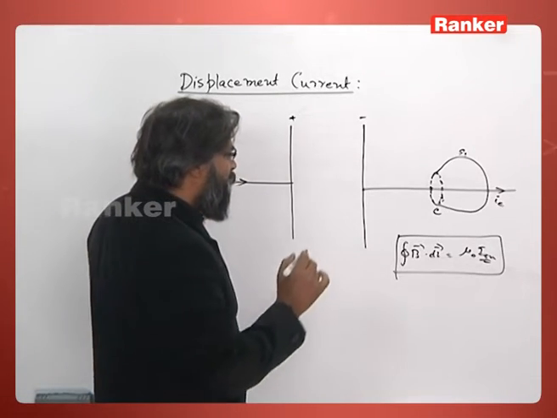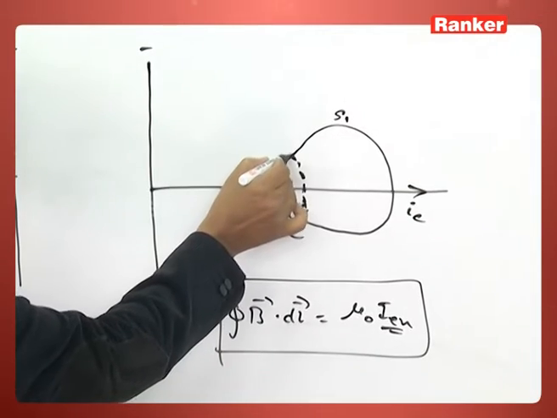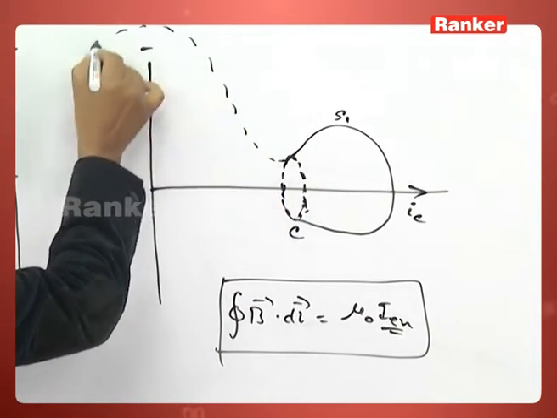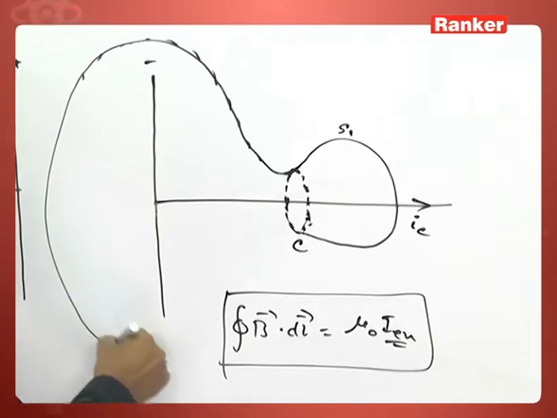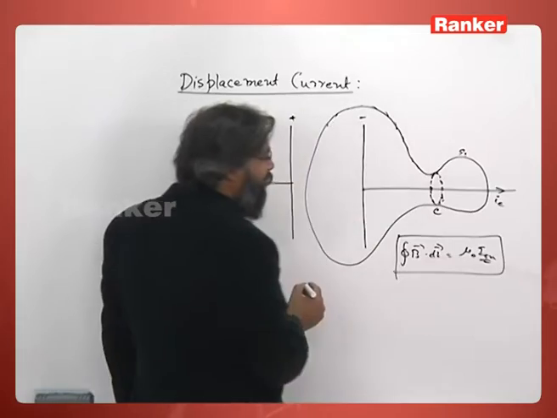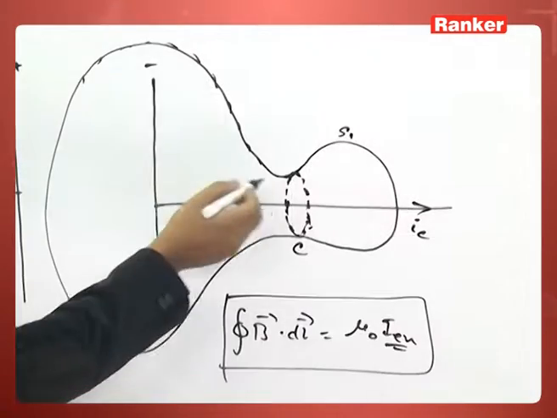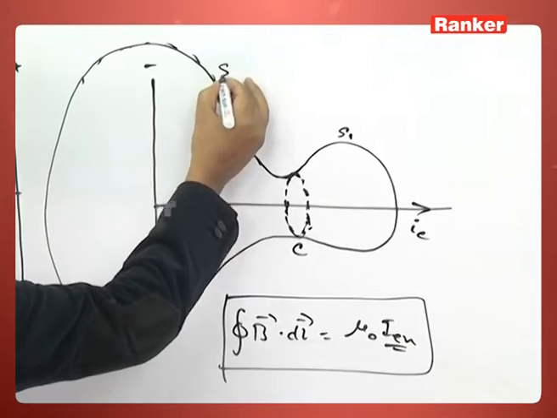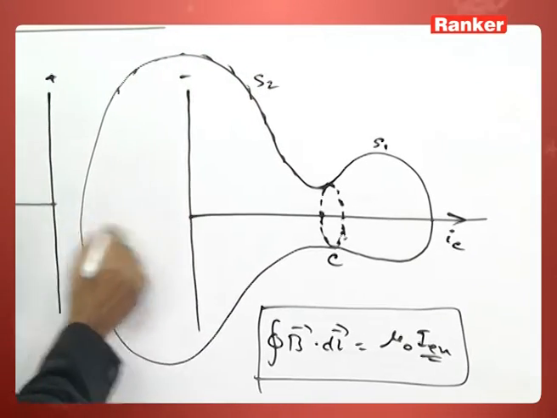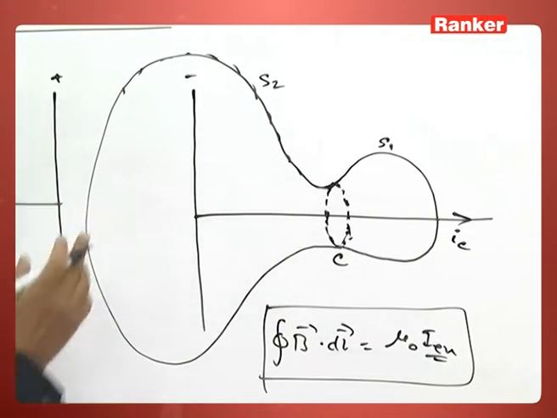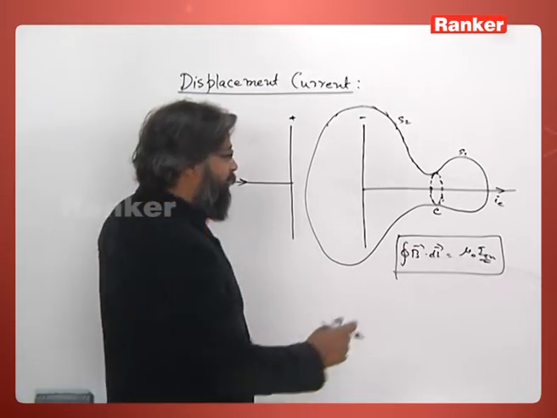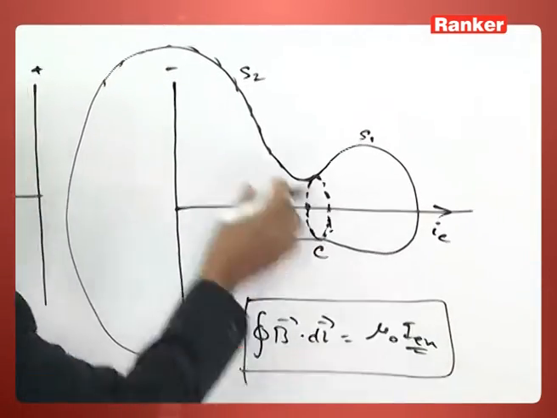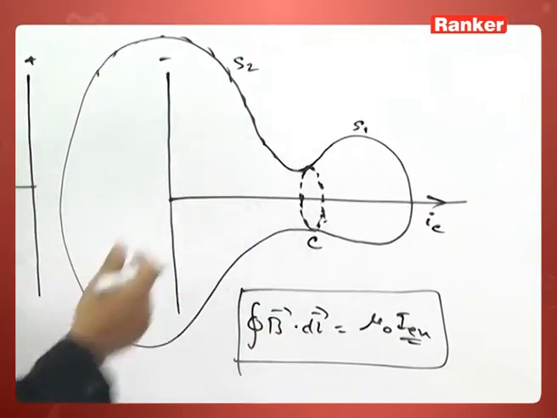Now suppose I take this surface like this. This is the S2 surface, and no conduction current crosses the boundary of this surface. That means there is no conduction current here, so B dot dl is 0.